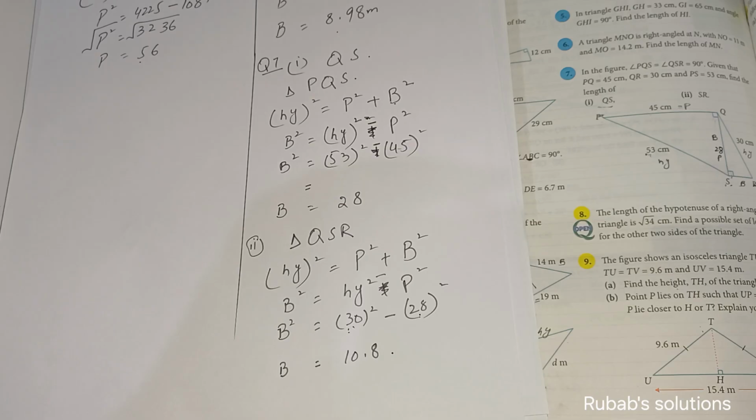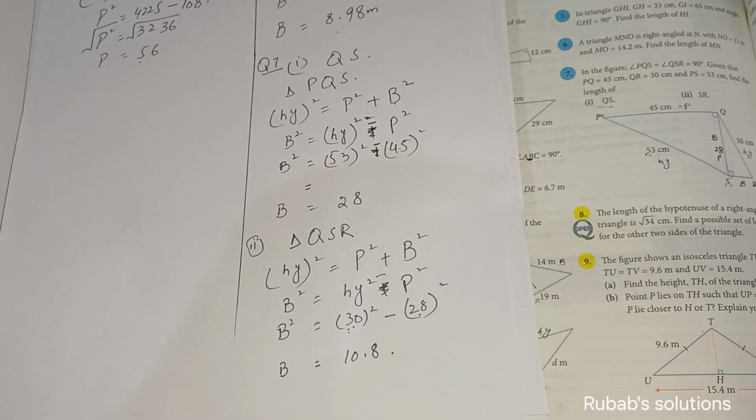So first of all, by using the triangle, I am starting question number 7. For the first part, I have to find QS. For QS I will use a triangle. Which triangle am I using? PQS. In PQS, hypotenuse is given. Hypotenuse square is equal to perpendicular square plus base square.